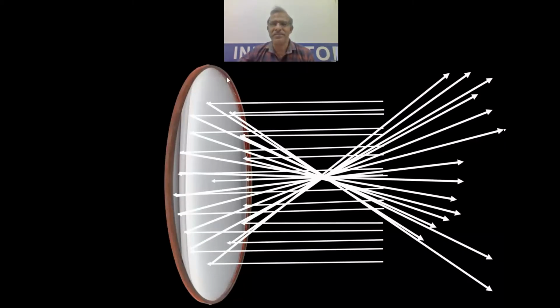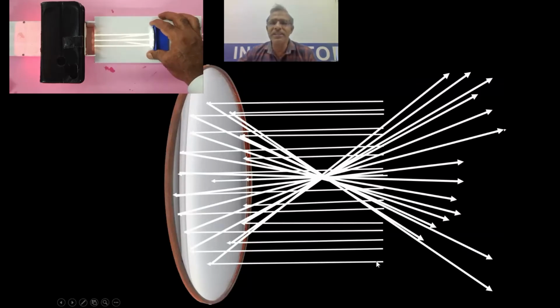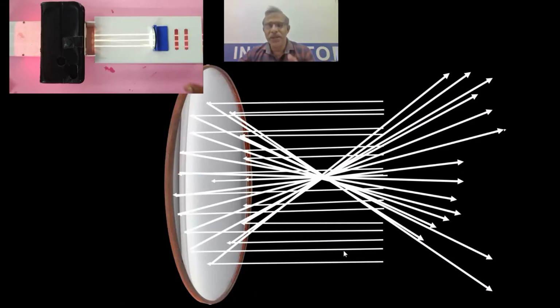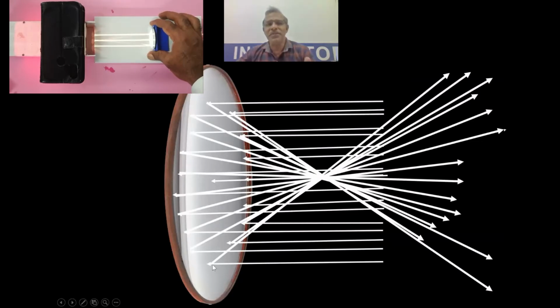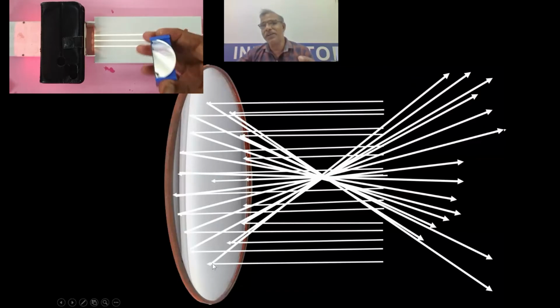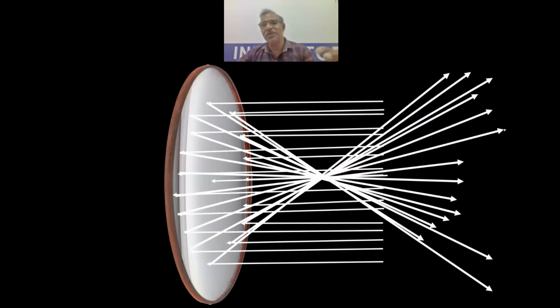All the rays which are coming from far away are generally light rays which are parallel to each other. And when they strike this concave surface, the concave mirror reflects all the light rays back, but the way it reflects is that it converges.